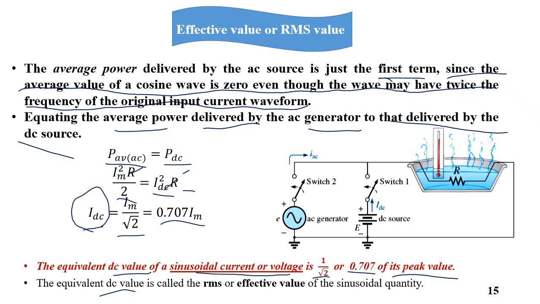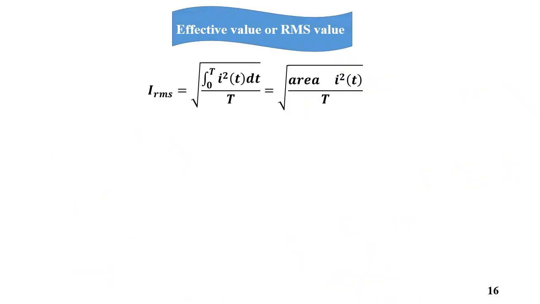The equivalent DC value is called the root mean squared value, or the effective value of a sinusoidal quantity. We can get, as a general form, the root mean squared value of the current equals the root of the mean, 1 divided by the periodic time, of the squared current.